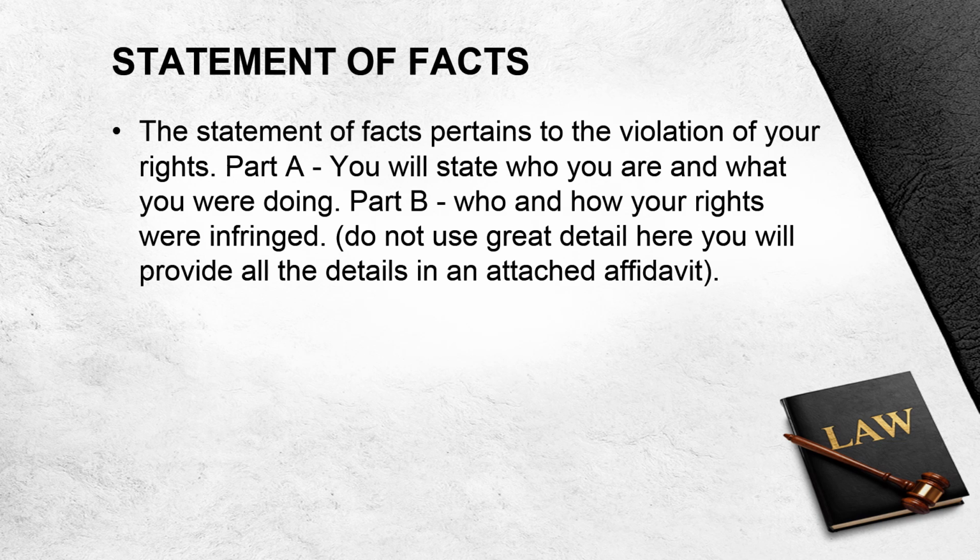And then in part B of that, you will state how your rights were infringed, and you don't have to go into great detail, but make every paragraph one point, and every point should be as succinct as possible in order to allow the judge or mediator to fully comprehend in the shortest time possible whatever point you're trying to make within that paragraph.